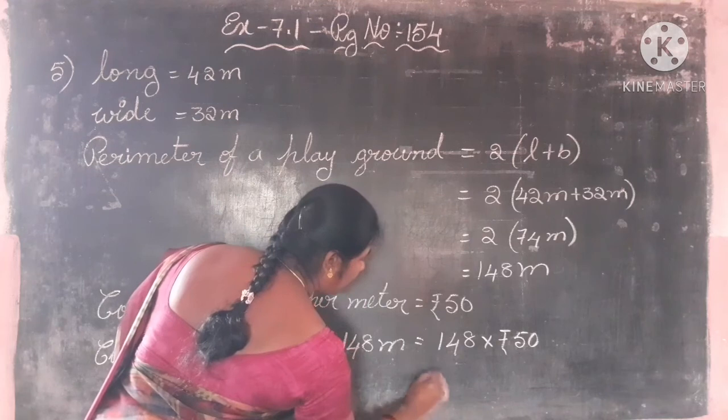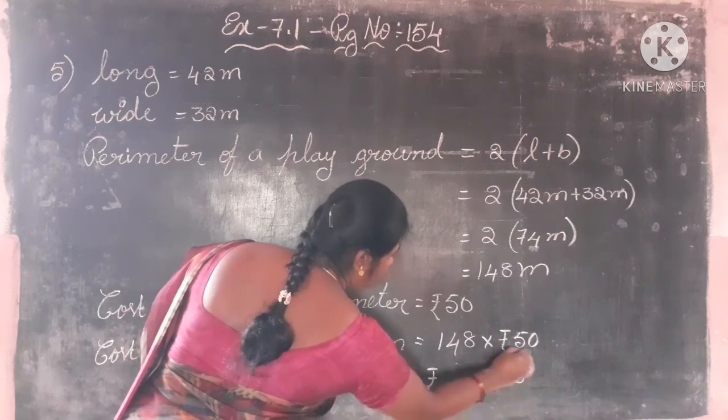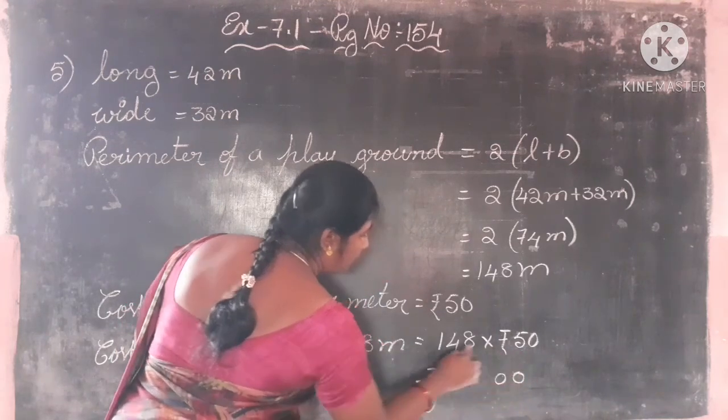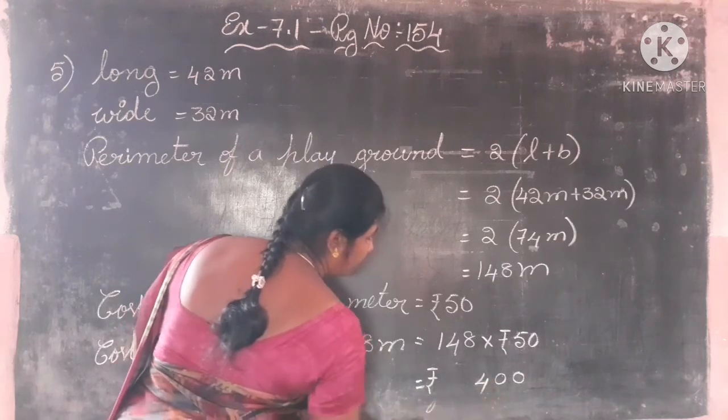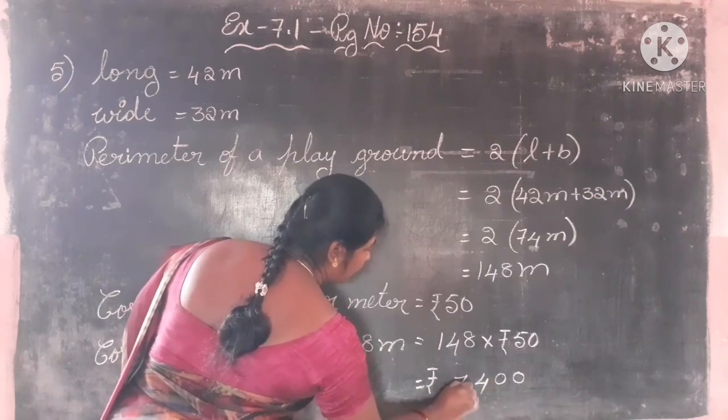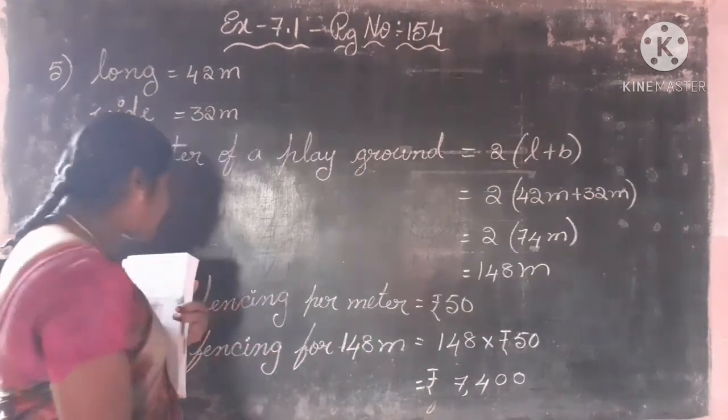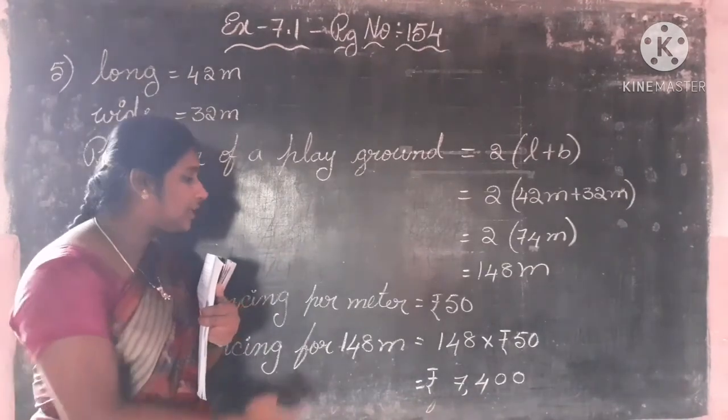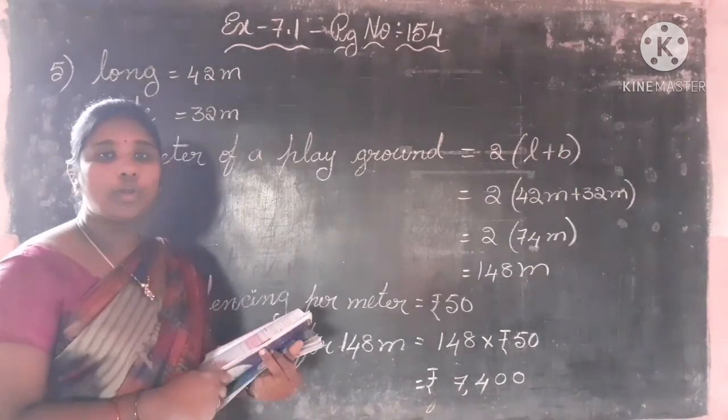So do the multiplication. 0, 5 8s are 40, 5 4s are 20 plus 4, 24, 5 1s are 5 plus 2, 7. So the cost of fencing for 148 meters is 7,400.